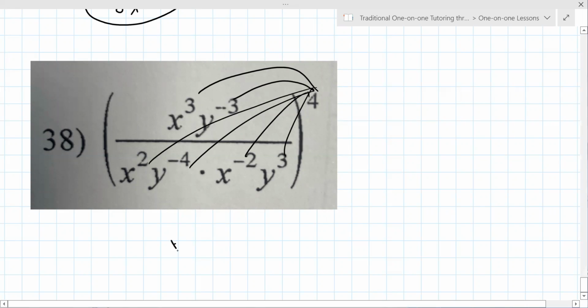Okay, so that is x to the 12th, y to the minus 12 over x to the 8th, y to the minus 16, x to the minus 8, y to the 12.